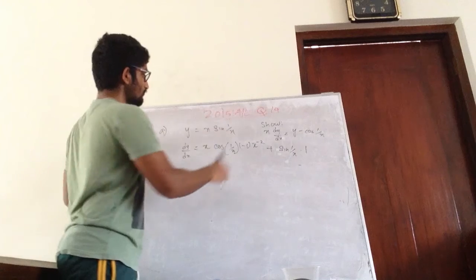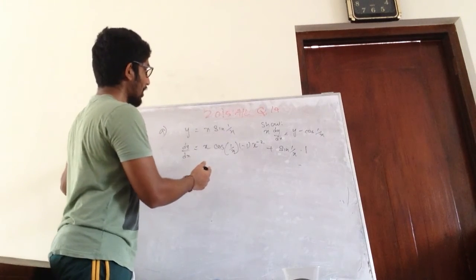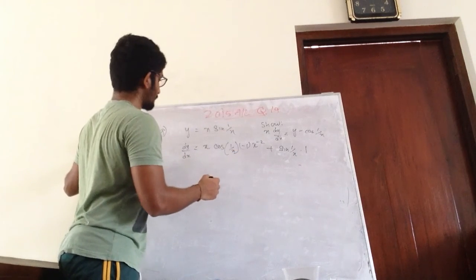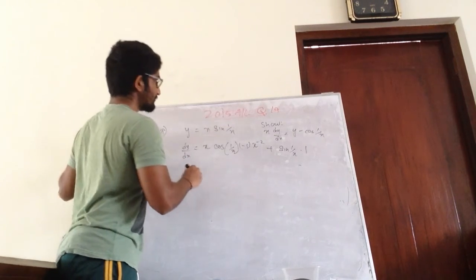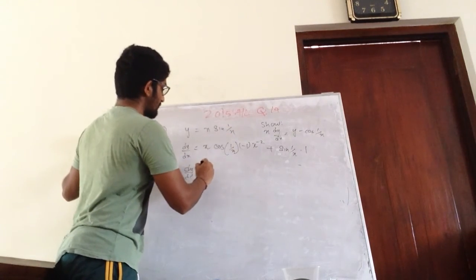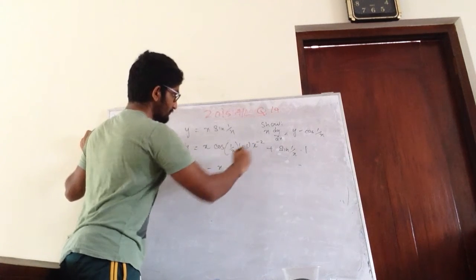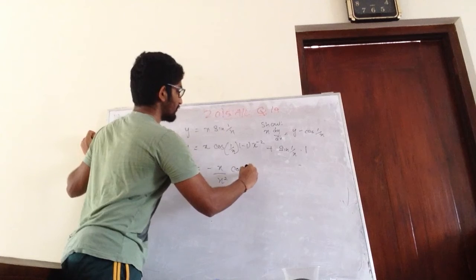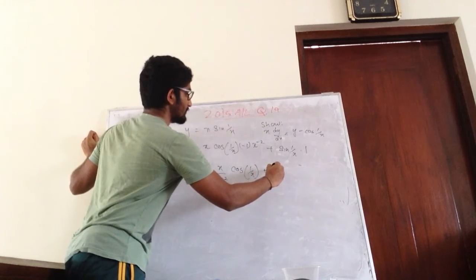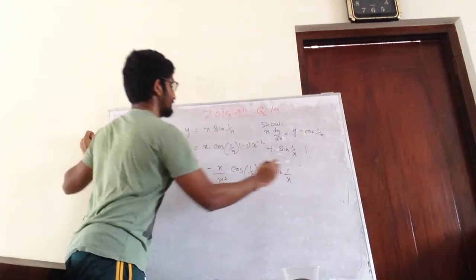Correct? So now you get this. Then dy over dx equals minus x over x square cos 1 over x plus sin 1 over x.